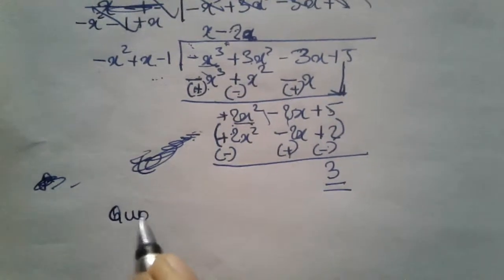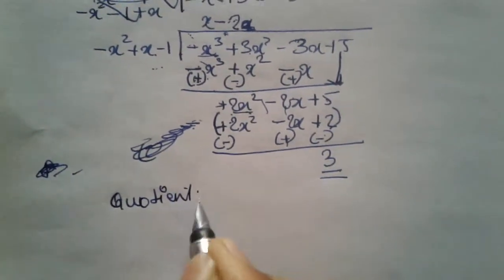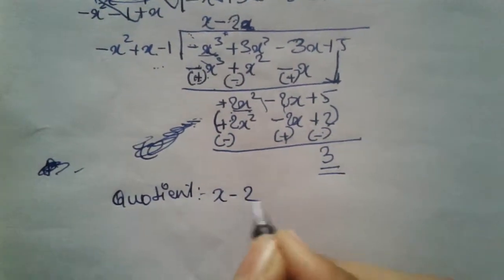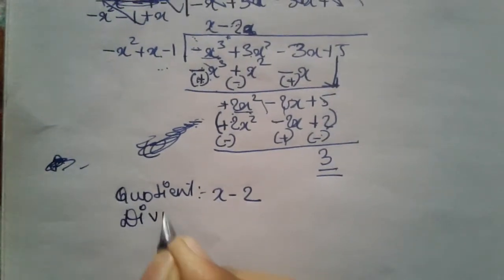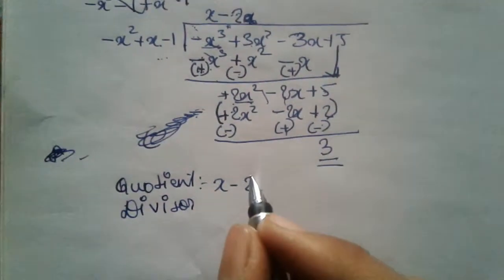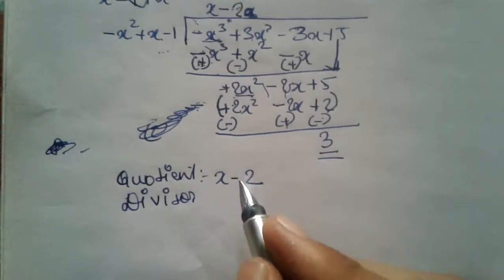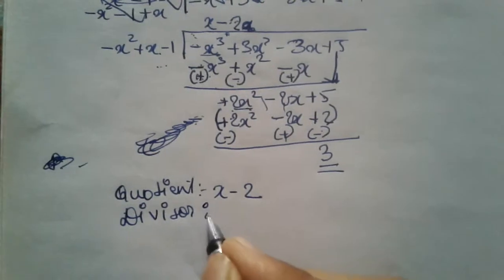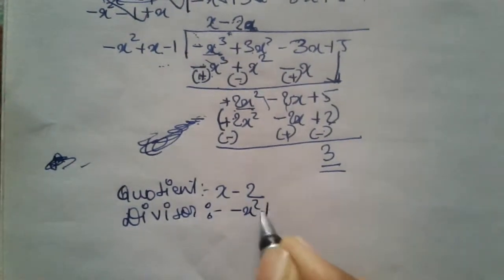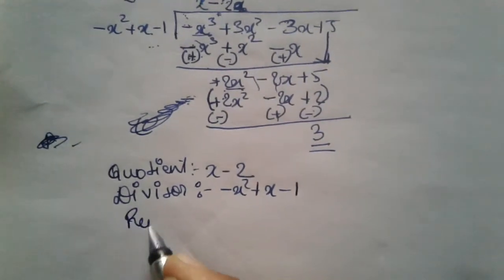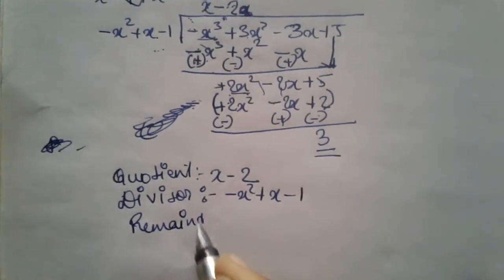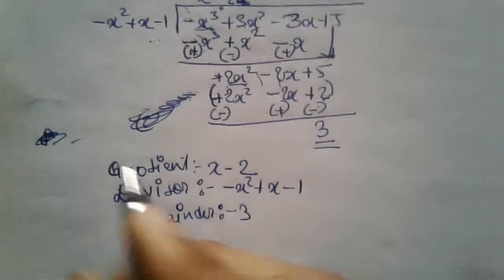So that means the quotient is x minus 2, the divisor is the given one, and the remainder is 3. So this is the simplest form.